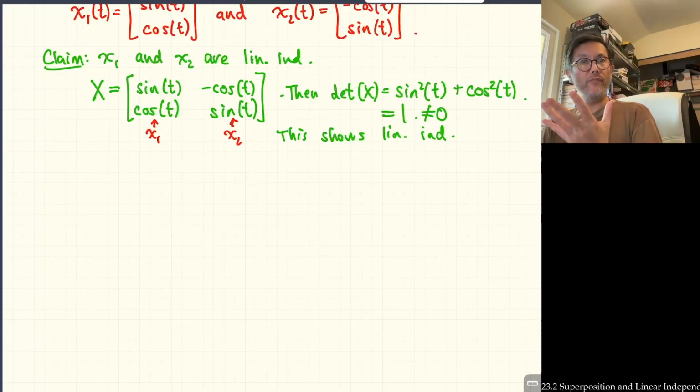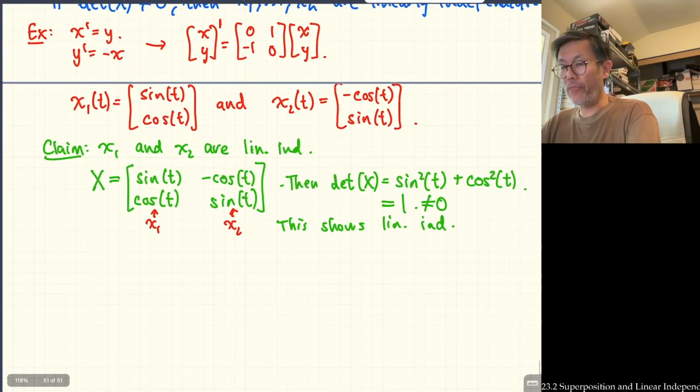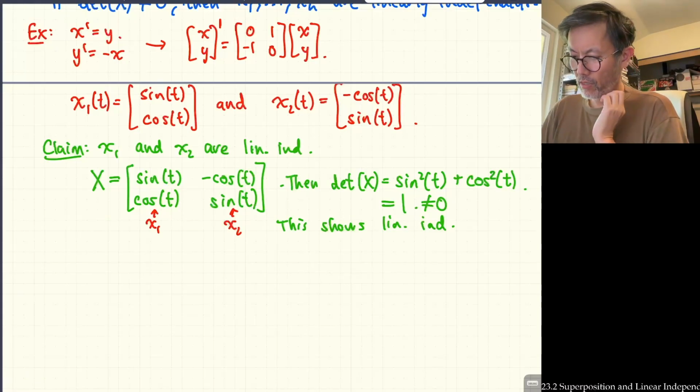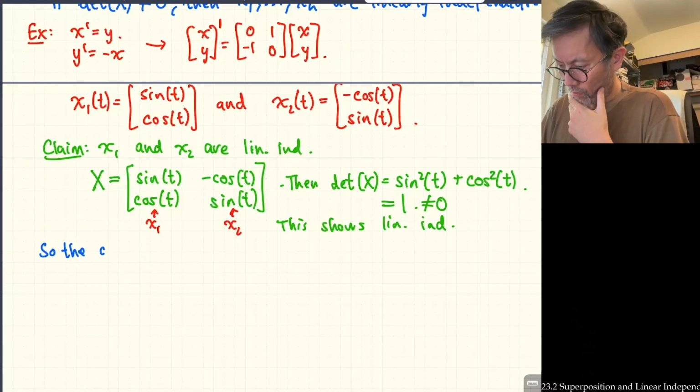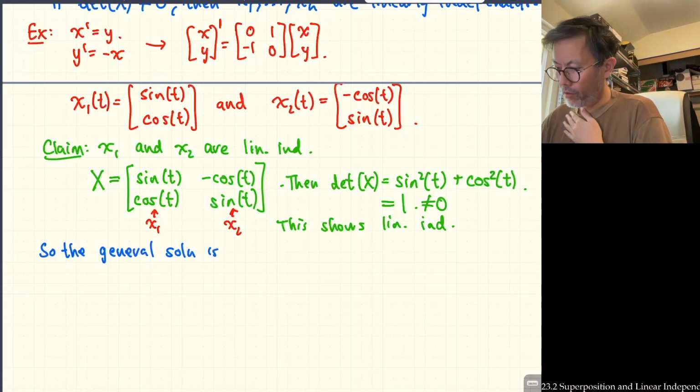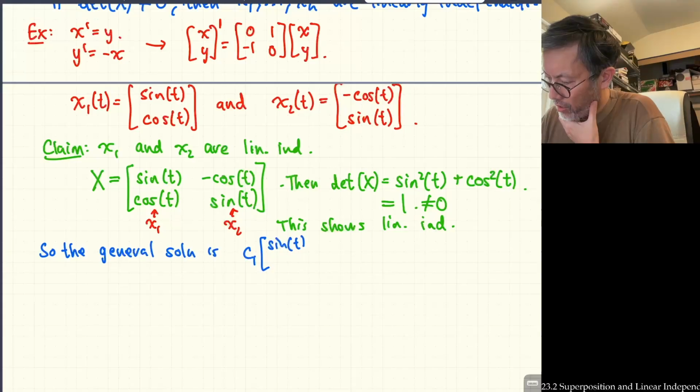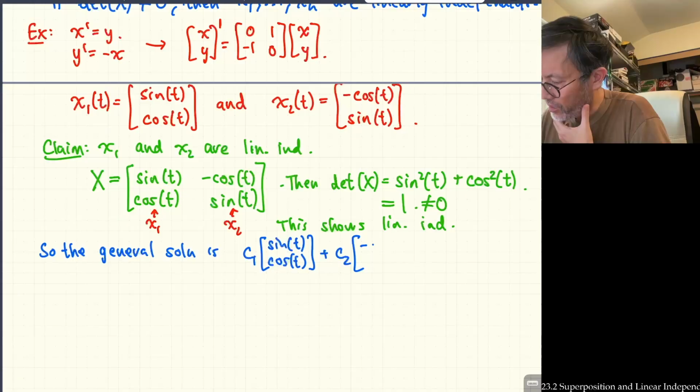And then to go even further, what we can conclude is that the general solution to this homogeneous system is C1 times x1 plus C2 times x2: C1 times (sine t, cosine t) plus C2 times (negative cosine t, sine t).